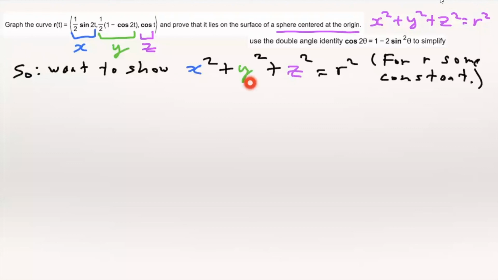So that tells us exactly what we want to do. We want to take the x squared, add it to y squared, add it to z squared, and then use trig identities to hopefully get a constant.